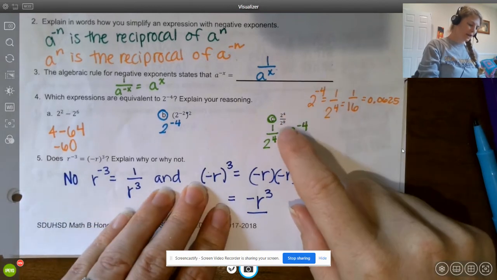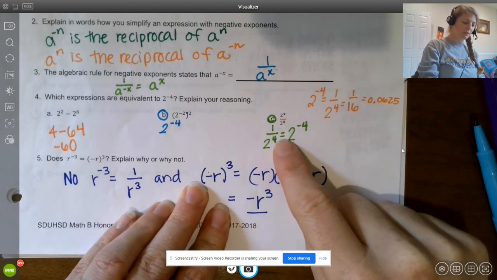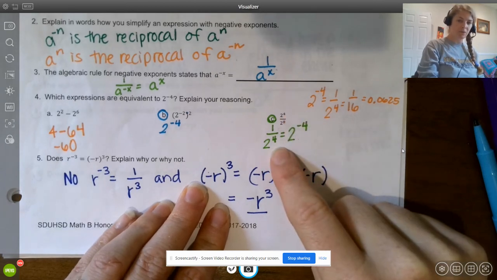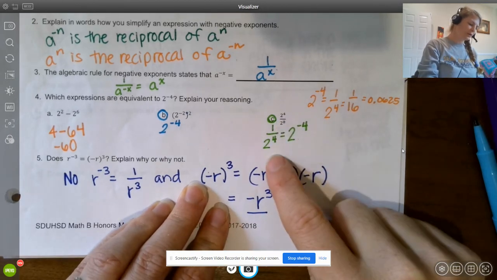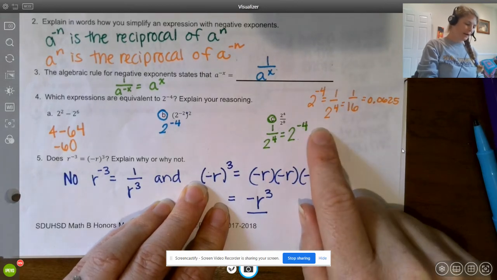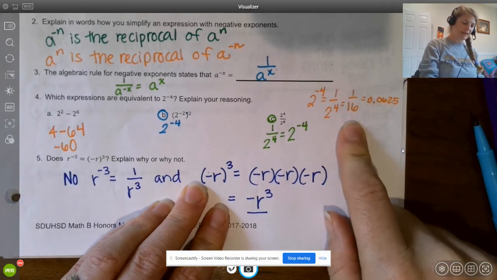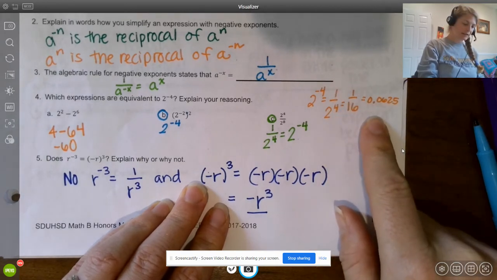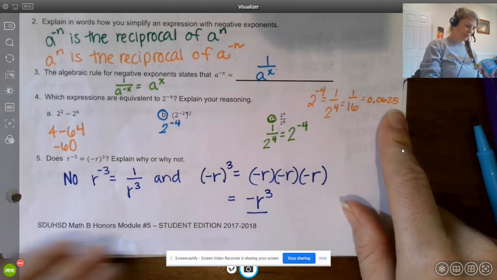So 2 to the fourth over 2 to the eighth simplifies, 2 to the fourth left in the denominator. 4 factors will cancel out. You have 4 left over, and 1 over 2 to the fourth is also equal to 2 to the negative fourth. And you can always think about 2 to the negative fourth is 1 over 2 to the fourth is 1 over 16, which is 0.0625, let's see, tenths, hundredths, thousandths, ten thousandths. Perfect.